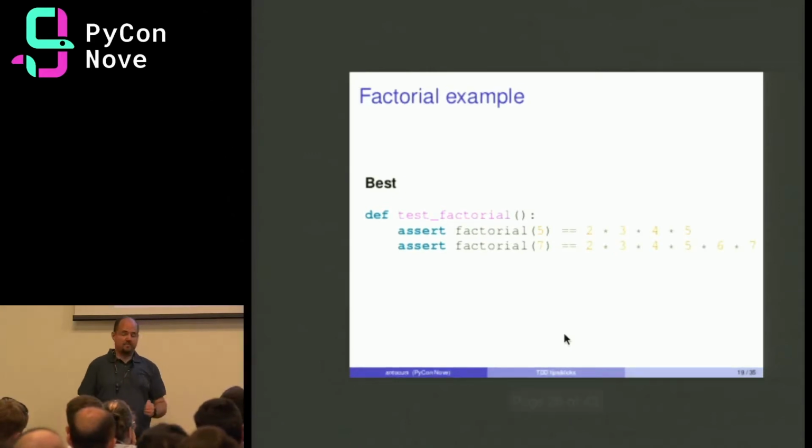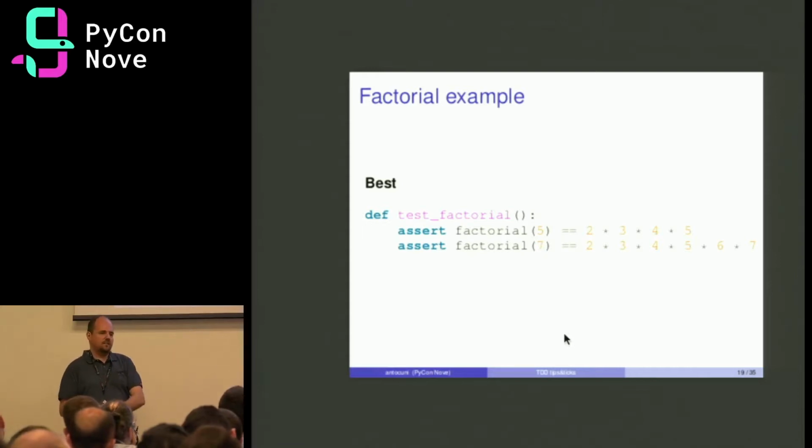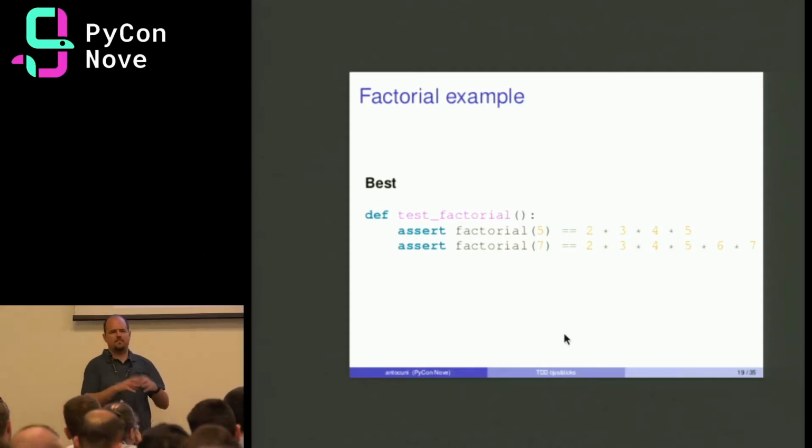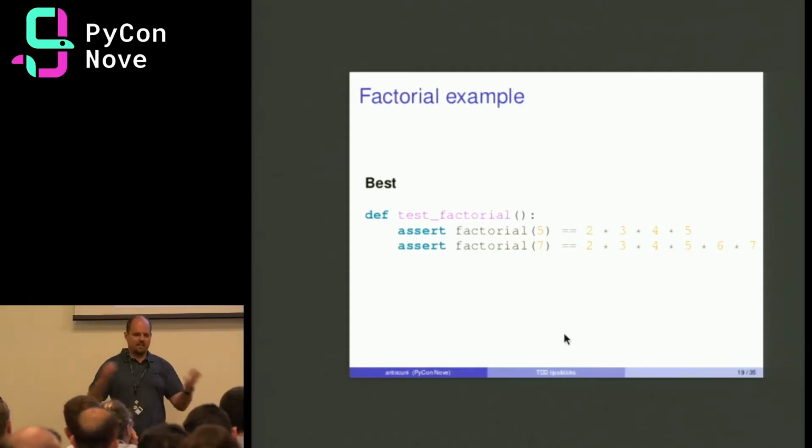A better way of writing the test is doing this. This is clear. I mean, this is really executable documentation. It's the definition of factorial, but written in a way that a computer can check that the result is correct. Of course, this is a very easy and simple example, and everything is fine.